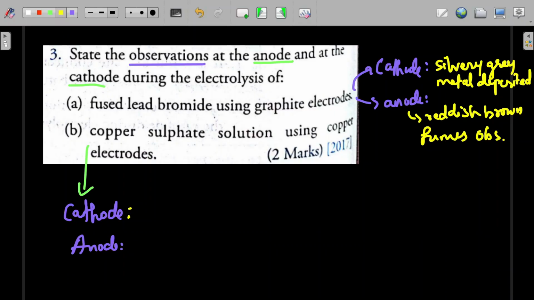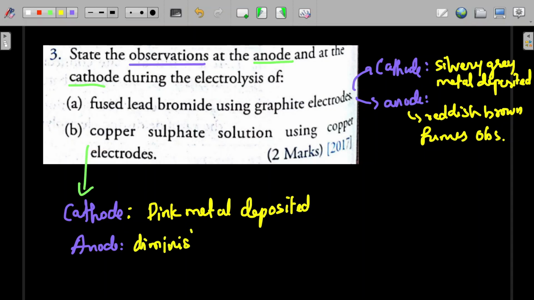Then at the cathode we can see deposition of a pinkish metal, which is copper, and at the anode we can see the anode diminishes in mass because it releases copper ions into the solution. So simply we can write pink metal deposited, anode diminishes in mass and size.